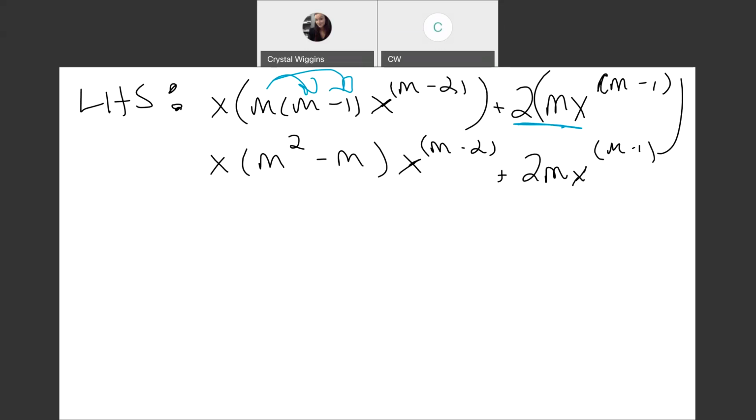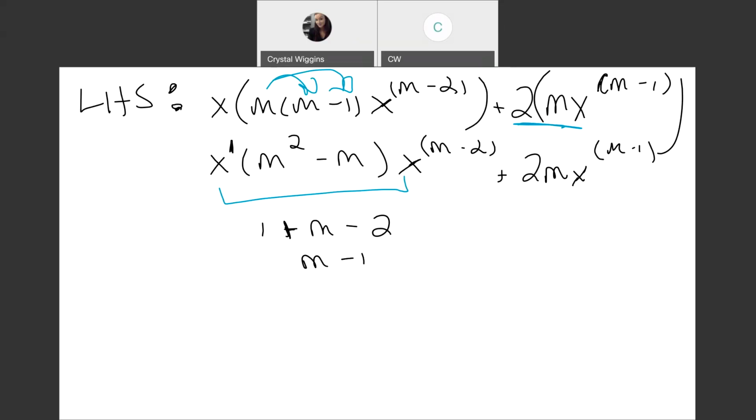All right. Now I have same base times same base. Remember with our power rule, when we have same base times same base, we add our exponents. This has an exponent of 1, this has an exponent of m minus 2. So we're doing 1 plus m minus 2. 1 minus 2 is -1, so this reduces our exponent to m minus 1.